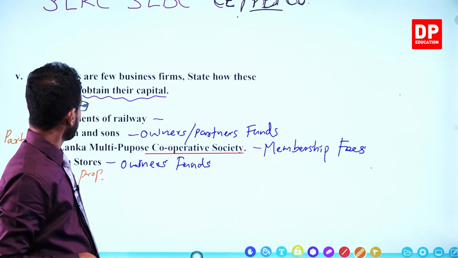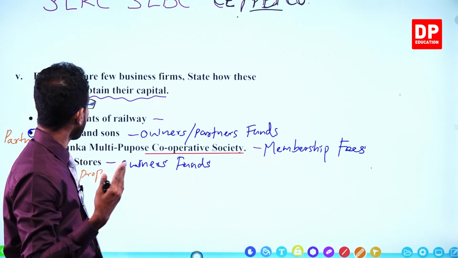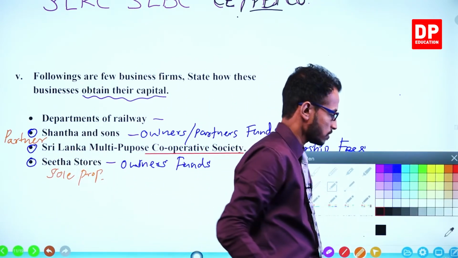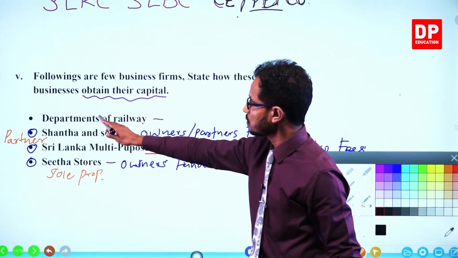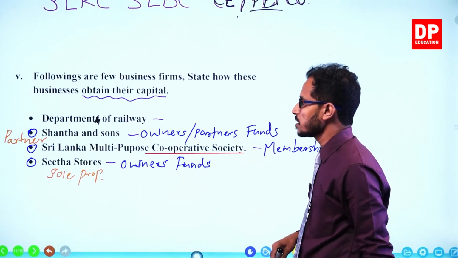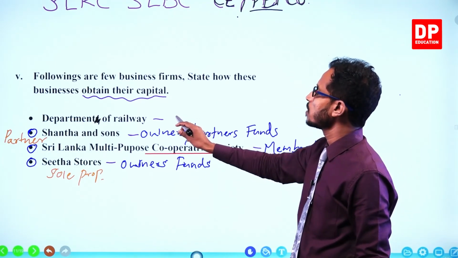Right, we have one left. That is Department of Railway. There are small typing mistakes here. How?